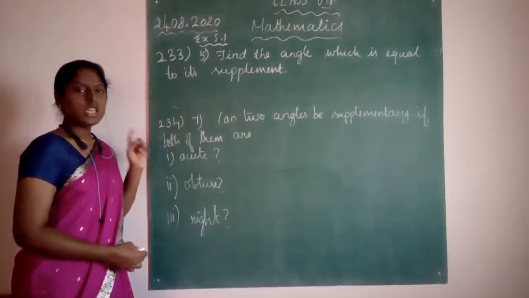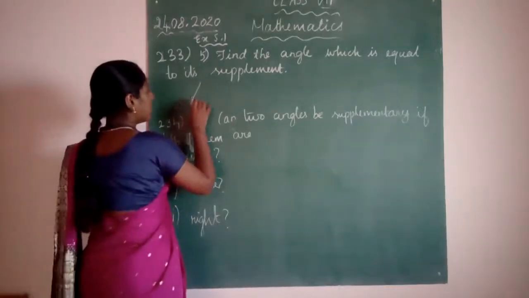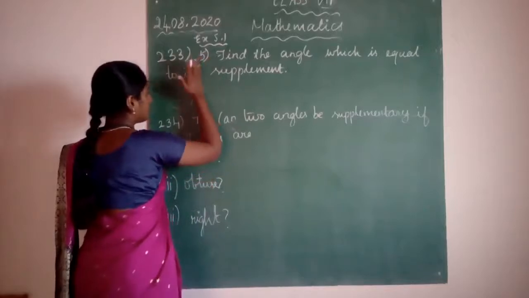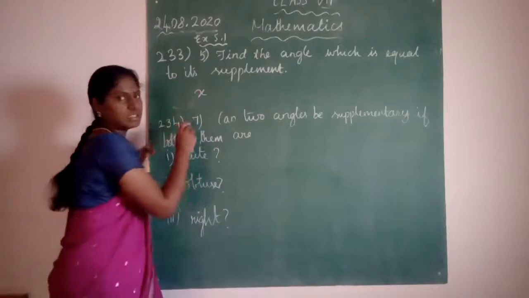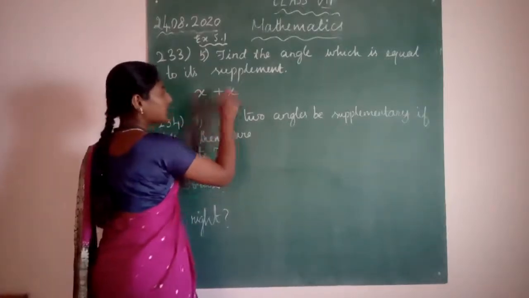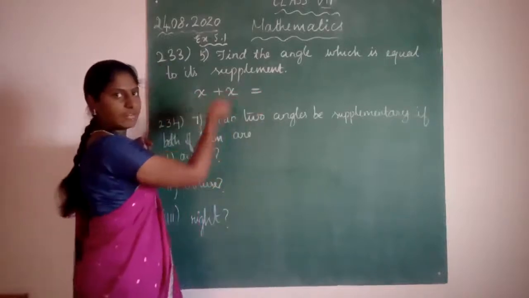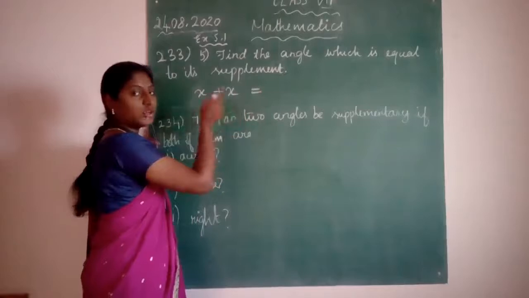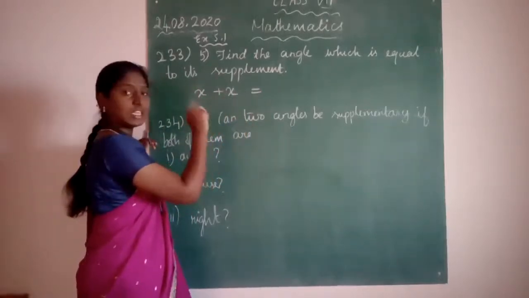So here in this question, some angle is there. You have some angle x, and you have one more angle x, and both are equal. That's why I have taken x and x. Two equal angles, because it is asked in the question, find the angle which is equal to its supplement.